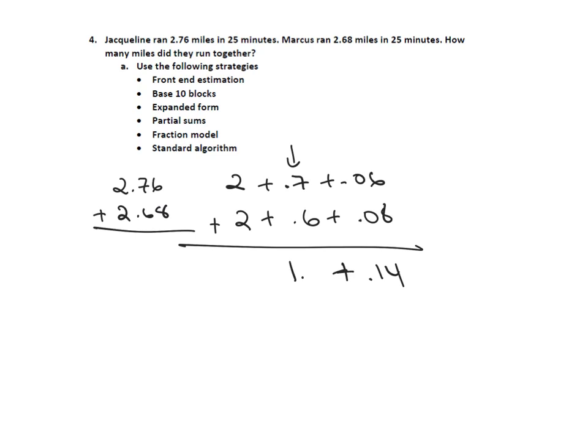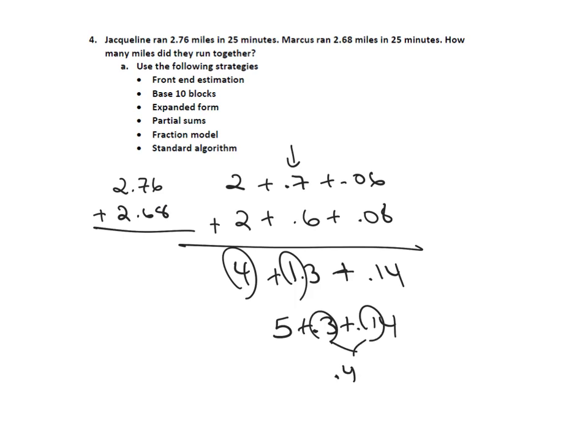Here you're going to get 13 tenths. And here's 4. So the 4 and the 1, that makes 5 plus 3 tenths plus 14 hundredths. So these two would make 4 tenths plus the 4 hundredths plus the 5 would be your expanded form.